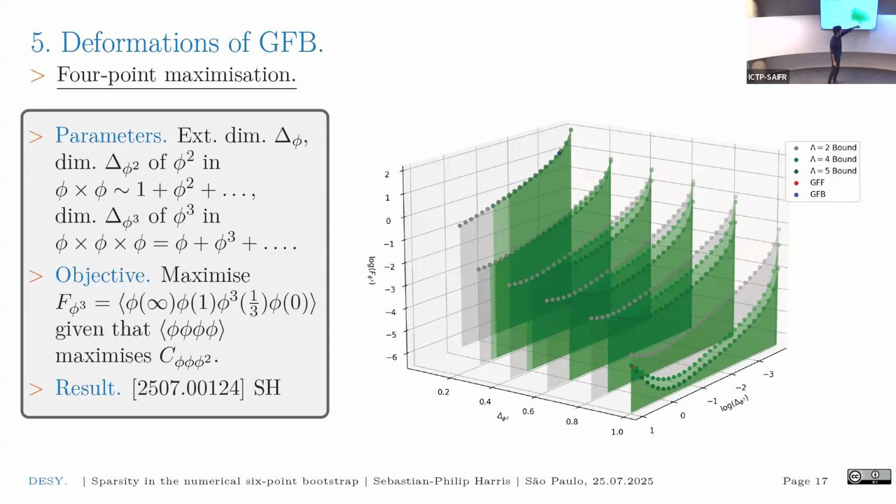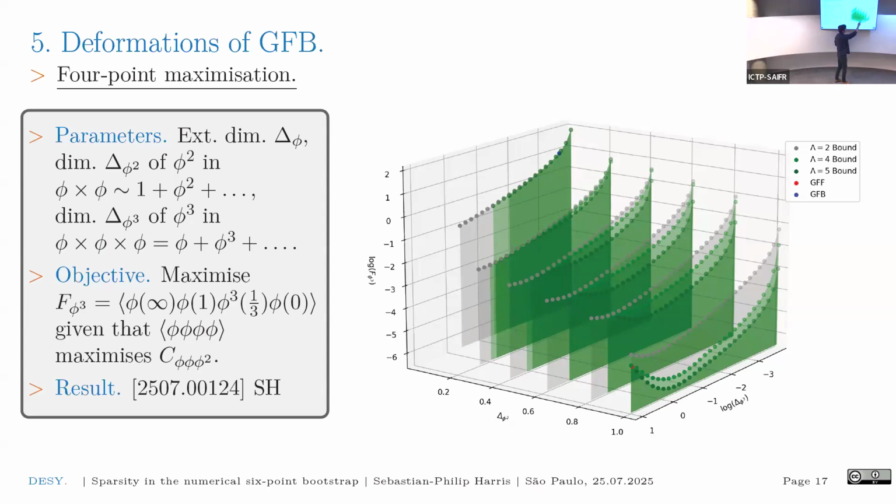So now this is the 3-dimensional plot because I fixed Δφ to some small value. And Δφ² and Δφ³ are some parameters that I can vary. And on the z-axis here, I show the bound that I get.